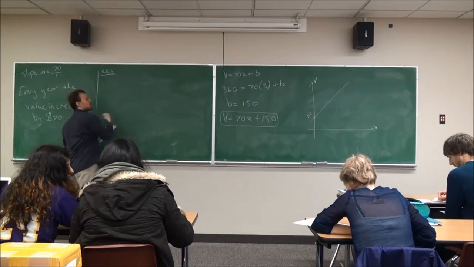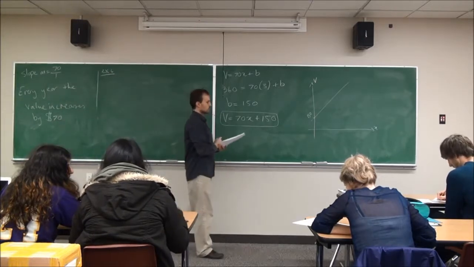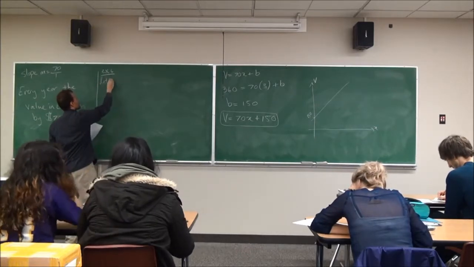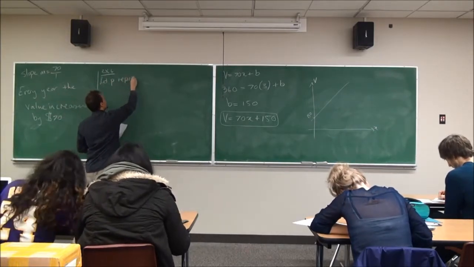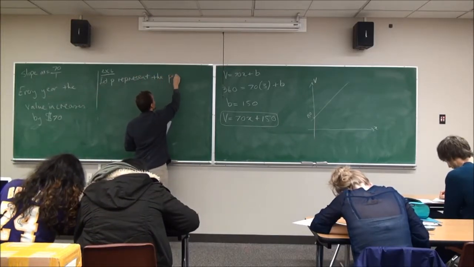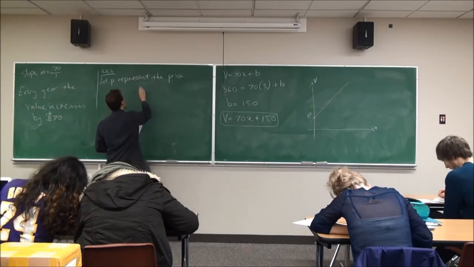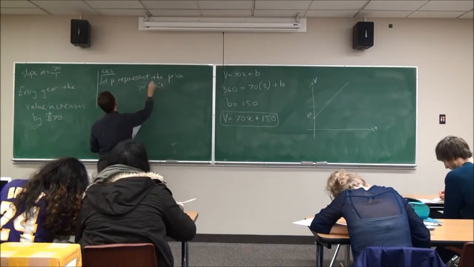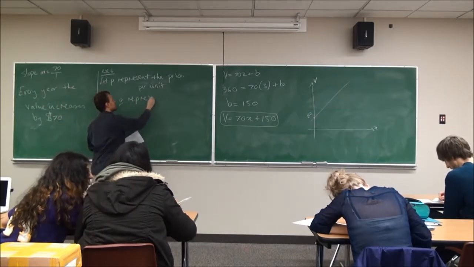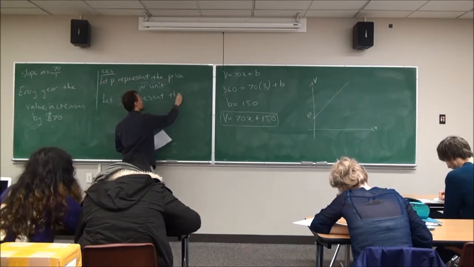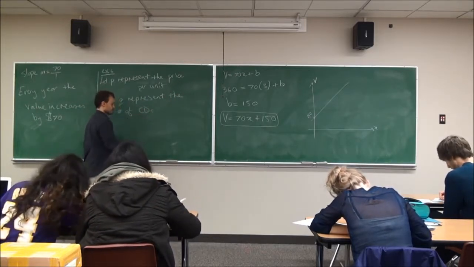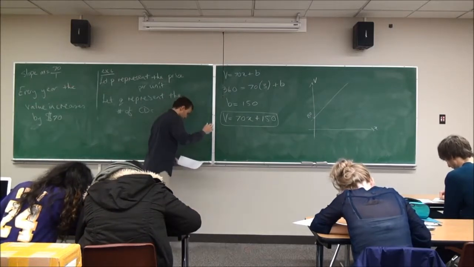So for the demand and supply problems, my variables are always going to be the same, but I still need to define them. Let P represent the price, and that's per unit. Let Q represent the number of CDs in demand.